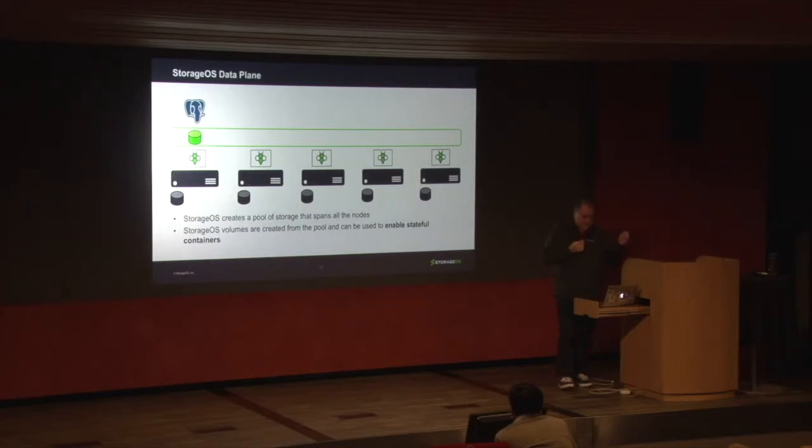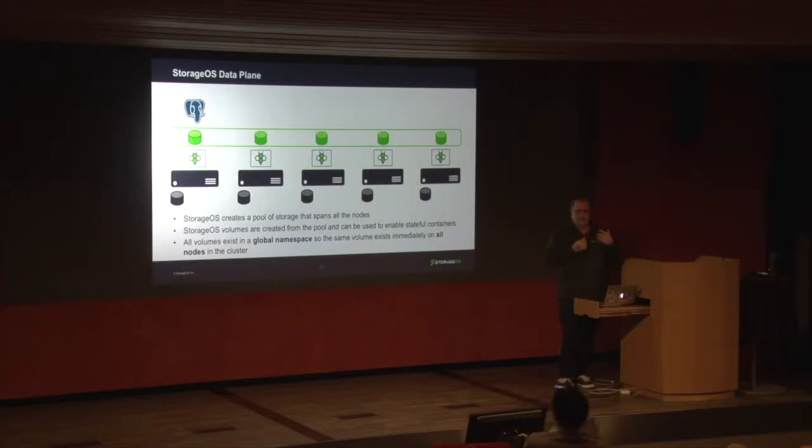What this means is you can now create a StorageOS volume out of that pool and put your stateful workload on it, say Kubernetes, and say a Postgres database in this example. And what's really cool is that the volumes that we create within the pool exist within a global volume namespace. So when you've created that volume, it's immediately accessible on all the nodes.